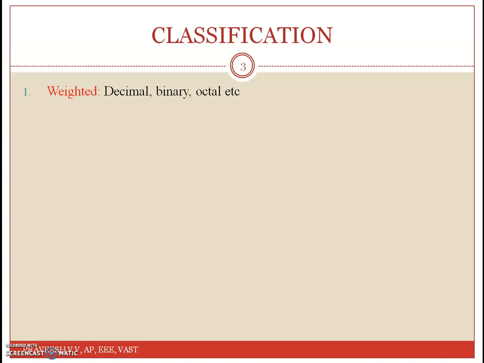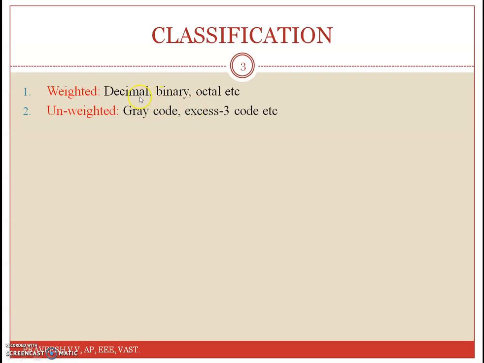Now another method to classify is based on the weight associated with each bit or significant digit. We have two systems, weighted system and unweighted system. Weighted system means each position has some position weight associated with it.